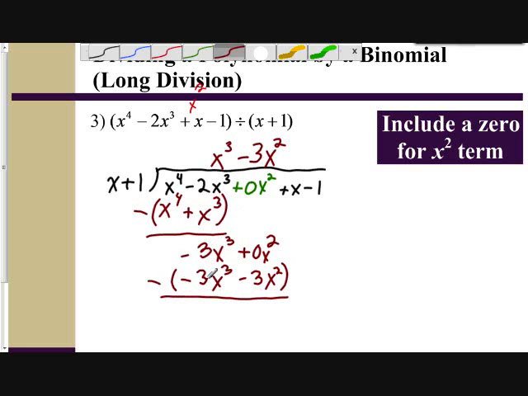Negative 3x cubed minus negative 3x cubed cancels. 0x squared minus a negative is addition, so 0x squared plus 3x squared is 3x squared. Drop down the positive x. Repeat the process again. What do you multiply x by to get 3x squared? And that would be a positive 3x. Distribute the positive 3x, and you get 3x squared plus 3x.